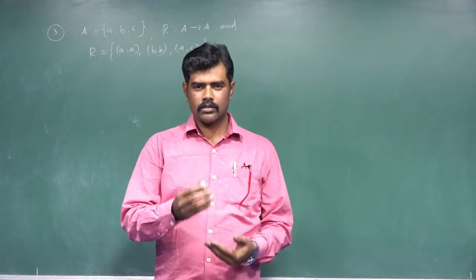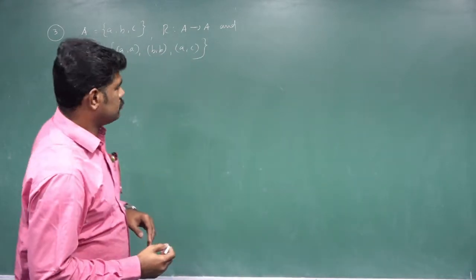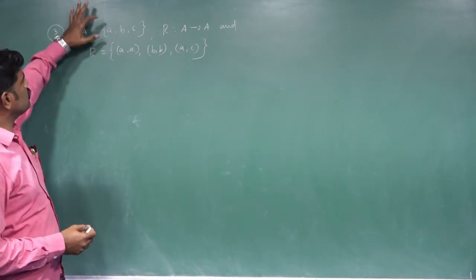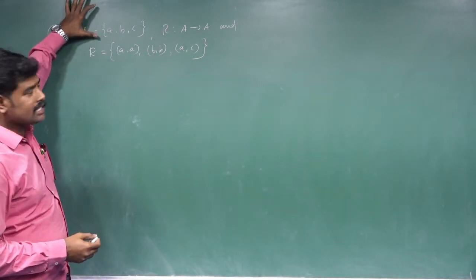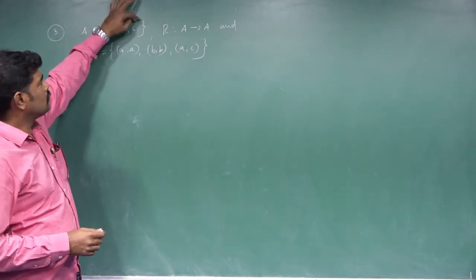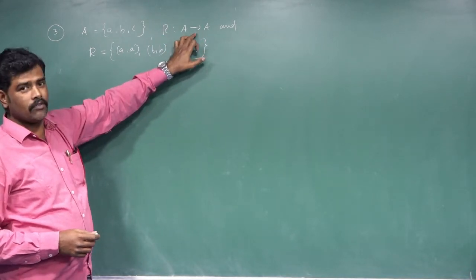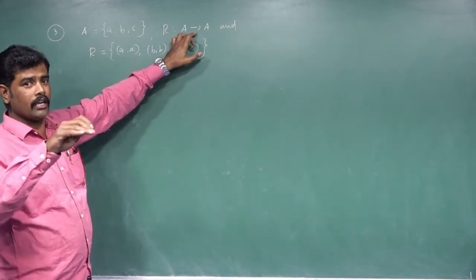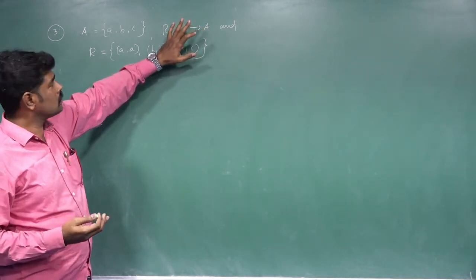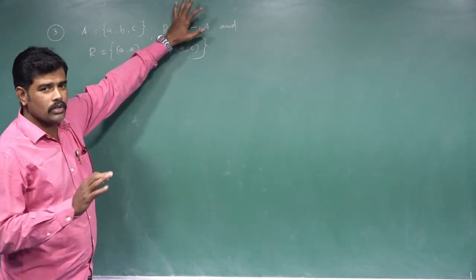Now we are going to discuss the remaining questions in exercise 1.2. Question number 3. In this question, they gave one set. Set A is equal to the set of all elements a, b, c. It consists of 3 elements. And relation R from the set A to the set A, that we can read as relation on A. Both are the same here.